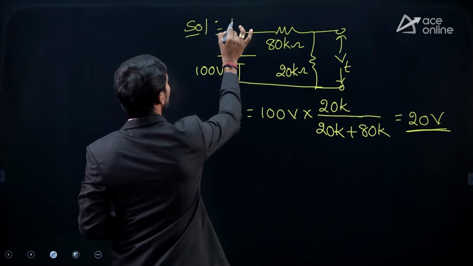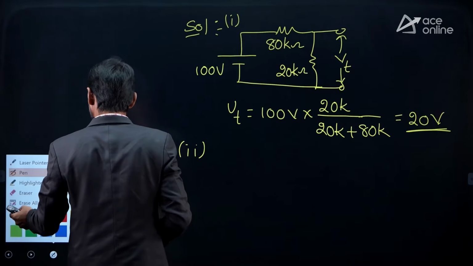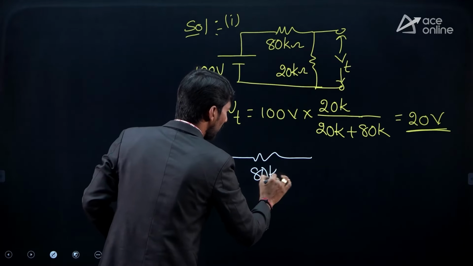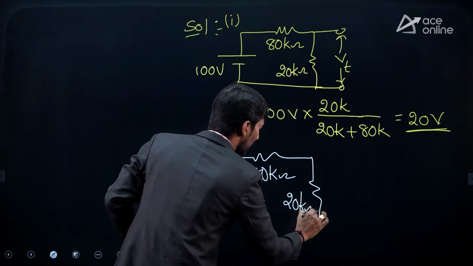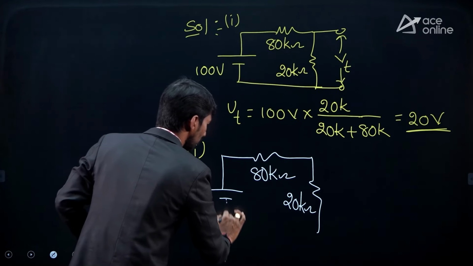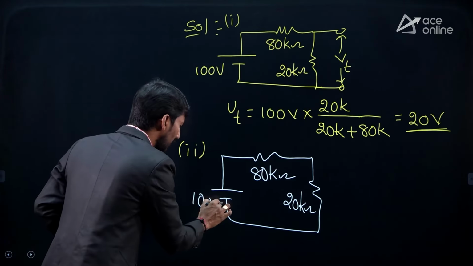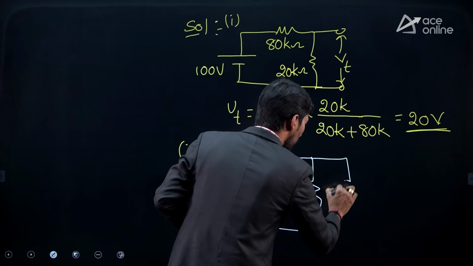Now, this is the first step. The second step will be the measured value calculation. How, sir? This is 80 kilo ohm and this is 20 kilo ohm and this is 100 volt. But in order to find out the measured value, we need to connect the voltmeter.